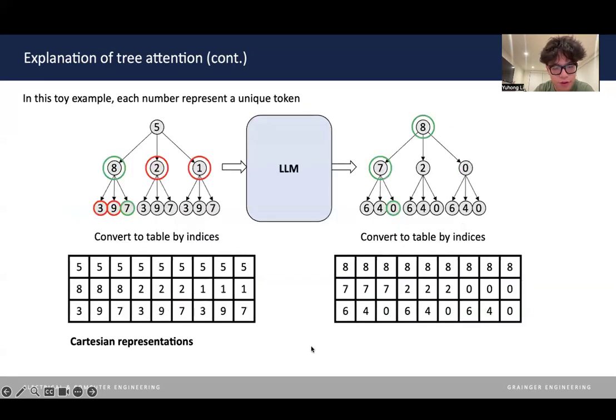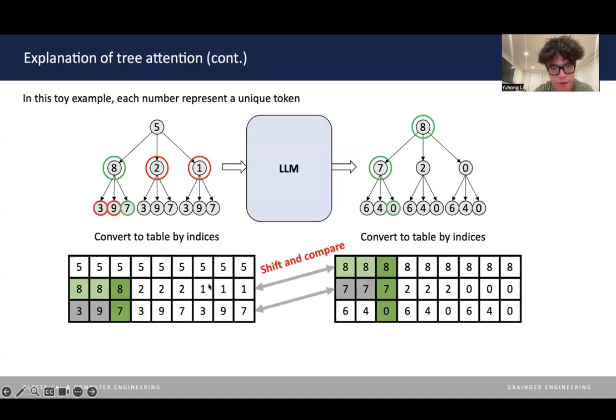We can use a partition representation of the tree and convert it to a table by indices. Right? So we have 5, 5, 5, 5, 5, 5, and 8, 2, 1, and 7, 3, 9, 7, 3, 9, 7. We also have this one. So this is a real tensor we use in the computation.